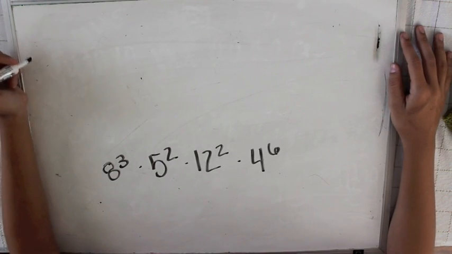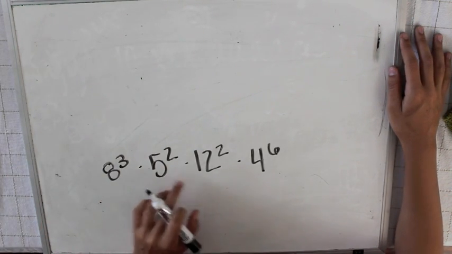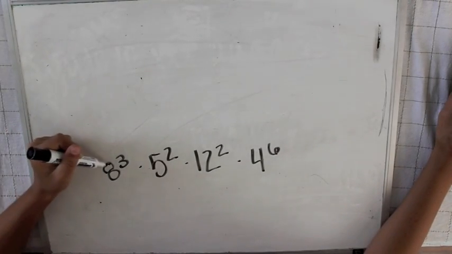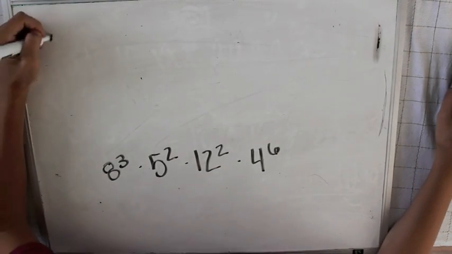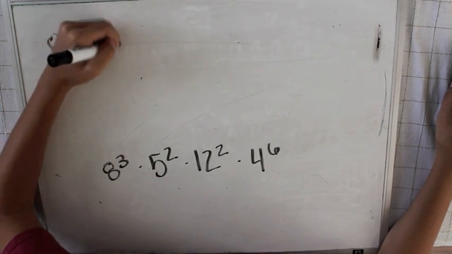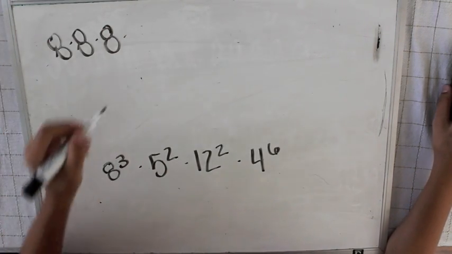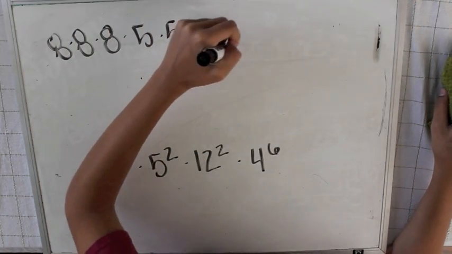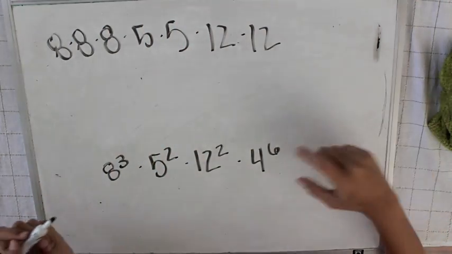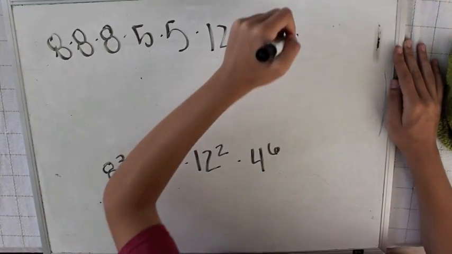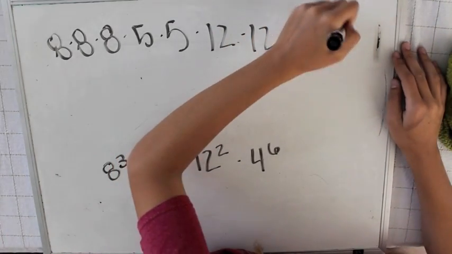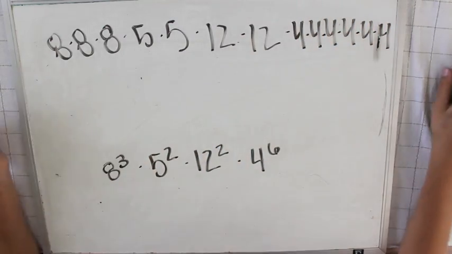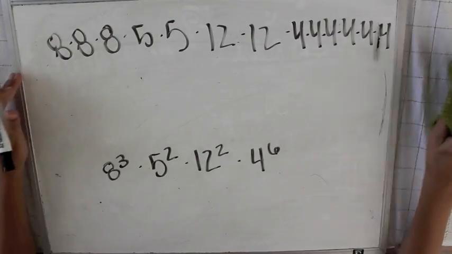If we're going to write that out, we know we have 8, 5, 12, and 4. Those are our bases. So how many of me, how many 8s? We have 1, 2, 3. How many 5s? There are 2. How many 12s? There are 2. And then how many 4s? We have 6. There you go. That is how you expand that out.